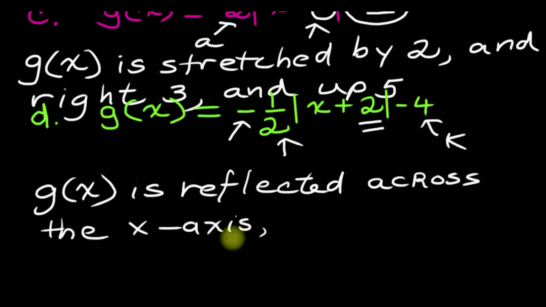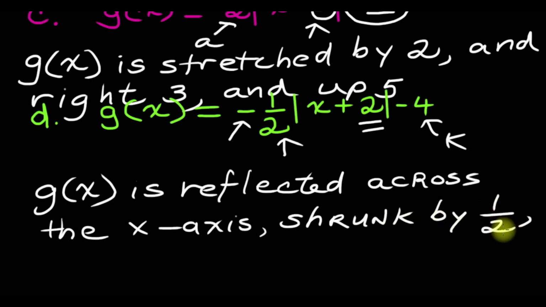Okay, what else? Well, 1/2. Your a is 1/2, so 1/2 is between 0 and 1. Then you say shrink by a factor of 1/2. And then h, see how that's a plus? So think of it as minus -2, right? So your h is -2.